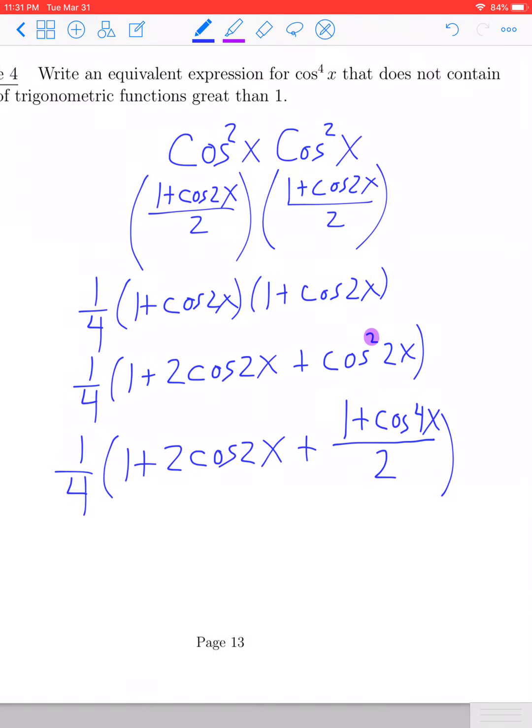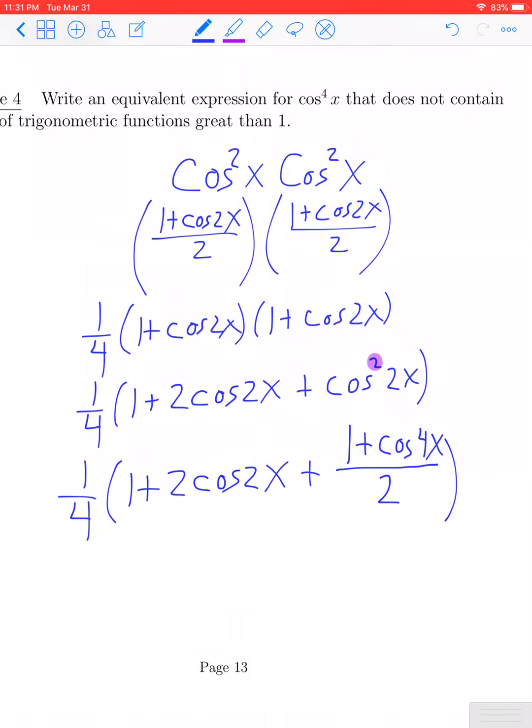And now we've essentially done it. All of these functions are raised to the first power. Let's clean this up a little bit. I can distribute the 1/4 through. This is going to be 1/4 plus 2 times a fourth, which is a half, the cosine of 2x.